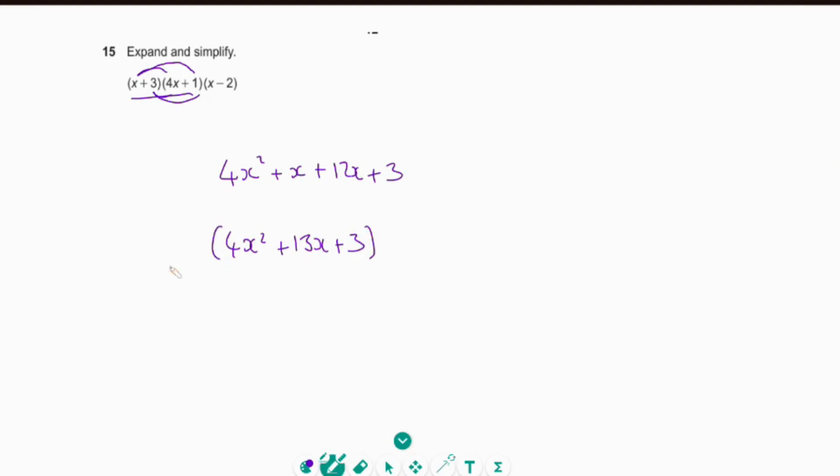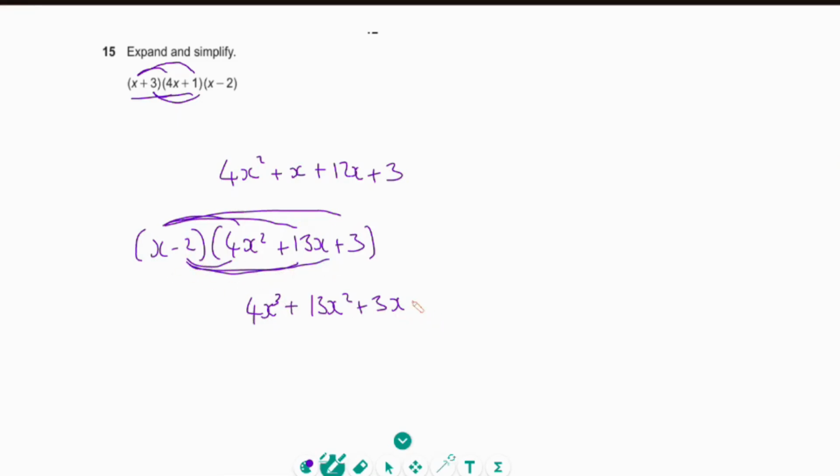And I'm now going to multiply it by x minus 2. So I'm going to multiply all of these by x first. We've got 4x cubed from x times 4x squared, plus 13x squared plus 3x. Now I'm going to times everything by negative 2.